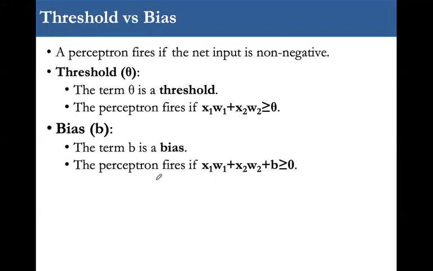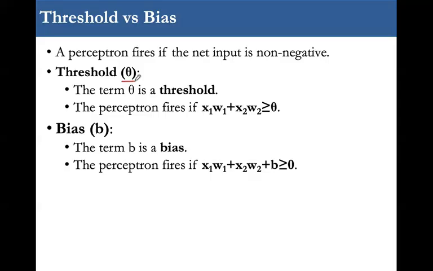Now we look into the difference between threshold and bias. The perceptron fires, that is, it outputs a 1 value if the net input is a non-negative value. What is a threshold? Threshold is represented as theta.